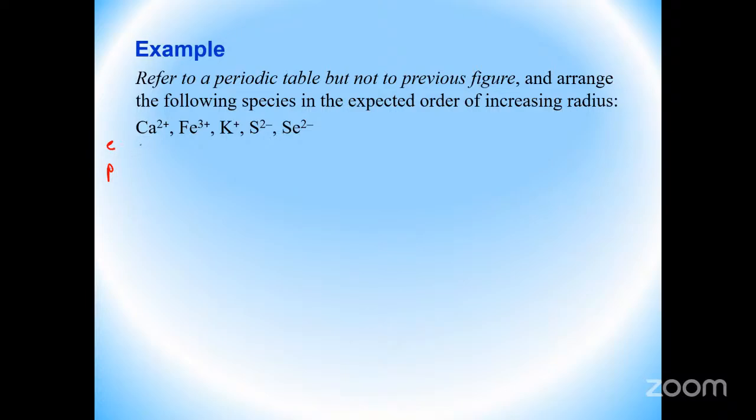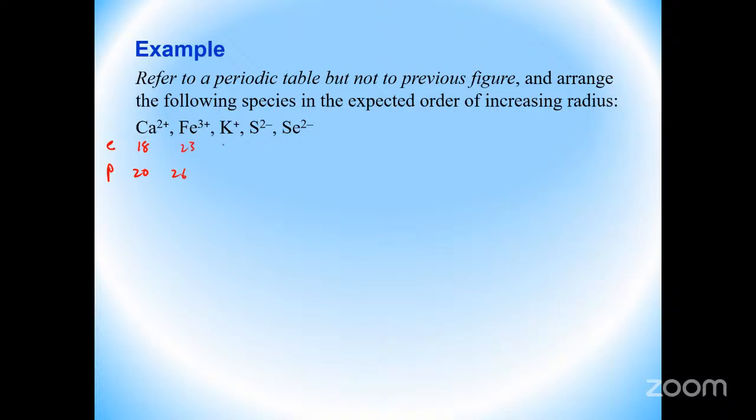Now in the case of calcium, calcium has an atomic number of 20, so 20 minus 2 will give you 18 electrons. By the way, the number of protons will be 20 in the case of calcium. In the case of iron, the atomic number of iron is what? 26. 26 minus 3 gives you what? 23.